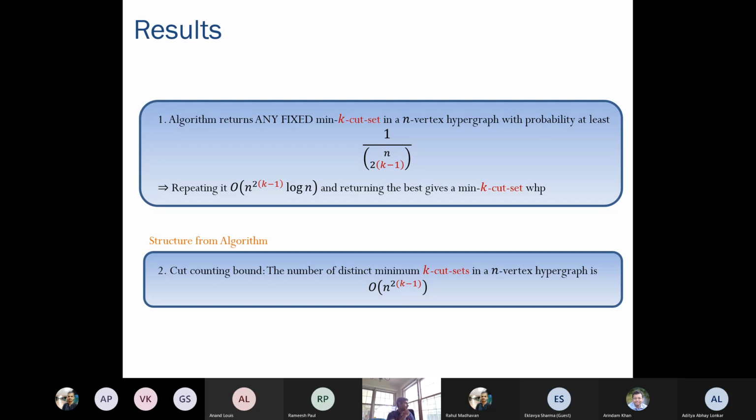One cannot expect anything better than n to the k for graphs, and it turns out this algorithm, when specialized to graphs, is Karger-Stein's algorithm for graph k-cut, and that algorithm's analysis has been improved recently to show that it runs in time n to the k. So can you do that here as well? We don't know the answer to that. Good question. We have been thinking about it. I don't know the answer to that.